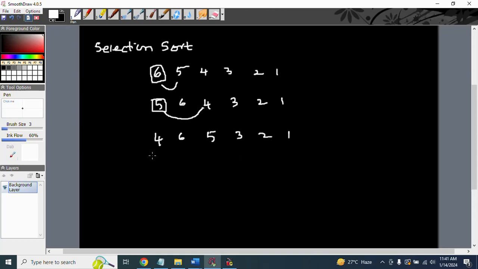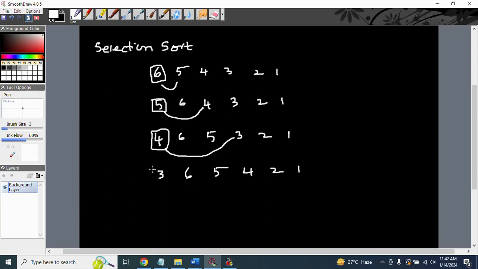Now what is my latest first element? 4 is my latest first element. First element compared with second element, first element compared with third element, 1 2, 1 3. Now 1 4: compare 4 and 3. 3 is smaller, so 3 6 5, 4 comes here, 2 1.